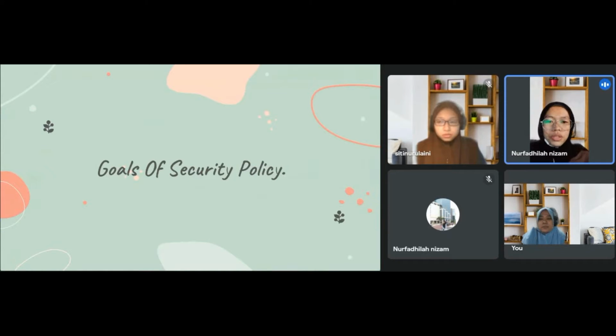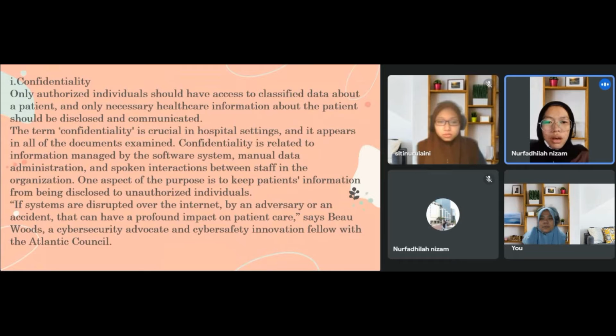Goals of security policy. Confidentiality. Only authorized individuals should have access to classified data about a patient, and only necessary healthcare information about a patient should be disclosed and communicated.